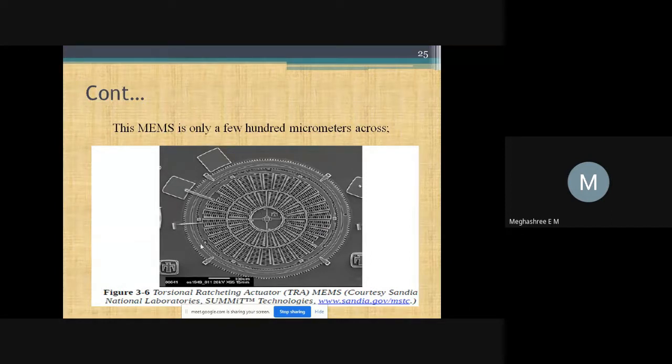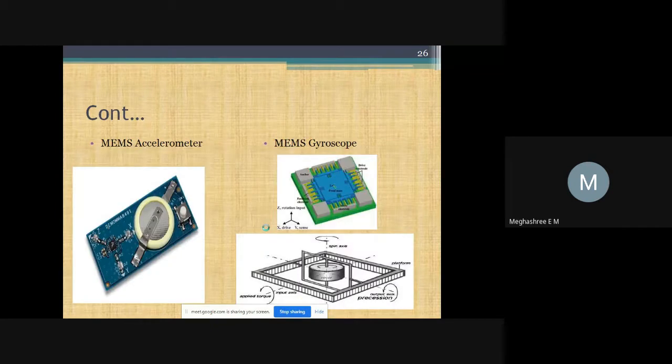This MEMS is only a few hundred micrometers across. The size is very small. A few hundred micrometers, on which the sensors, actuators and all the required things are embossed on this machine. These are a few examples I have considered. An accelerometer looks like this. A gyroscope looks like this.